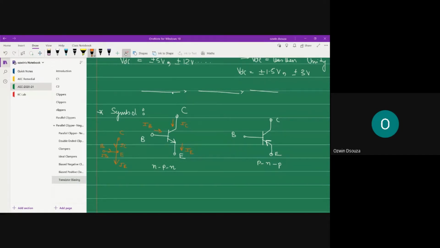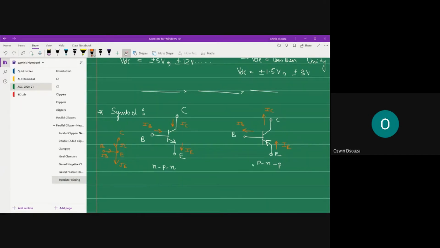On the other hand, in case of the PNP transistor, as you can clearly observe, the emitter terminal has an arrowhead pointed inwards. So the current direction should be along the arrow direction. In this case the emitter current enters and splits into two parts: a small base current, and a larger portion that flows out as the collector current.